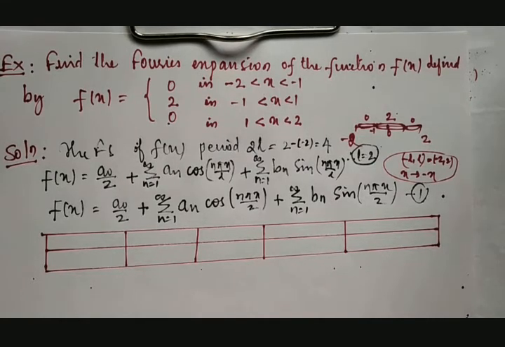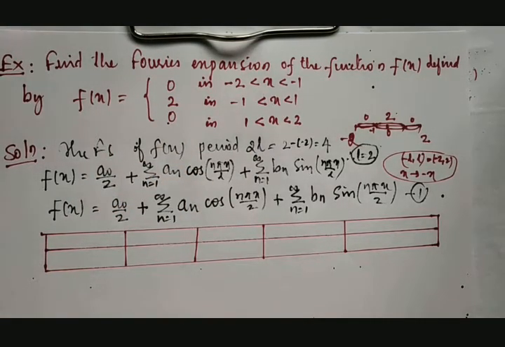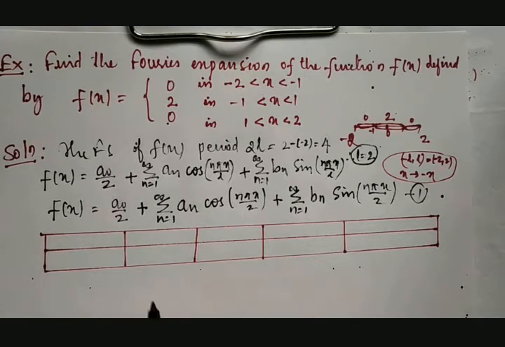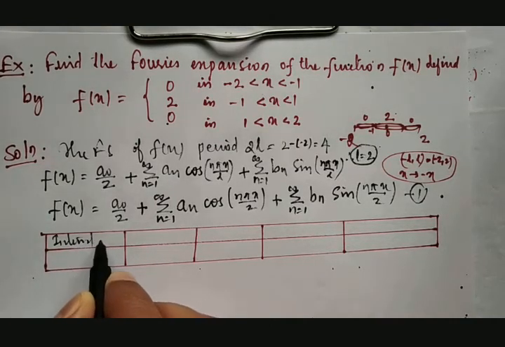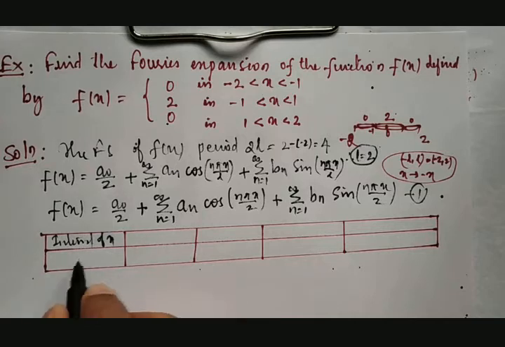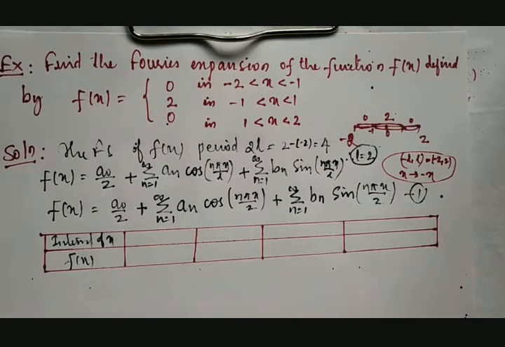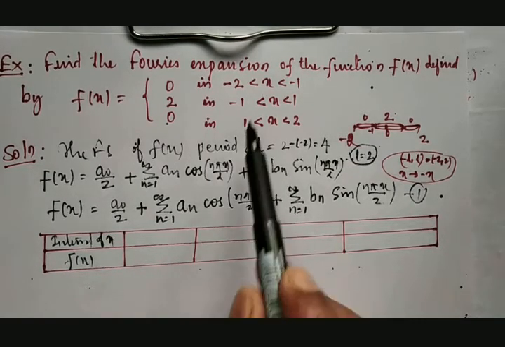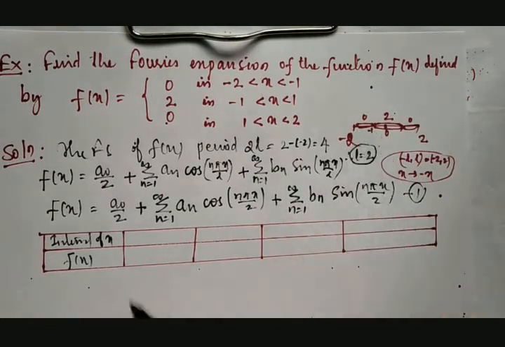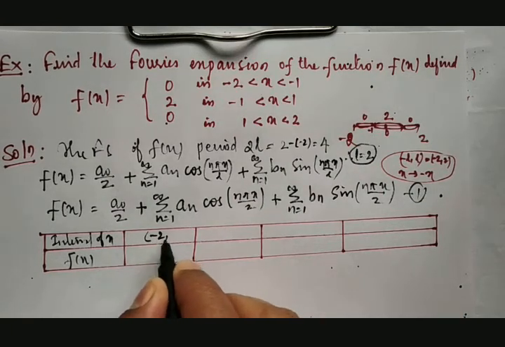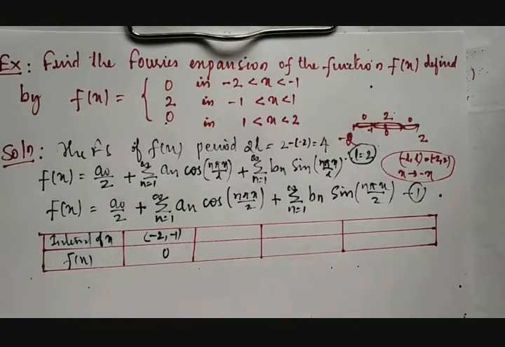But before checking its odd and even nature, we'll split up this triple valued function into 4 valued functions. How? Here you can see this is the interval of x given. This will be taken as f of x. Between -2 to -1, this is 0.